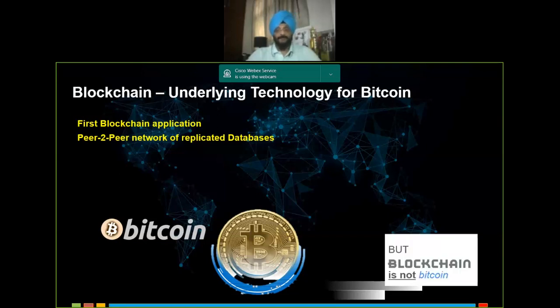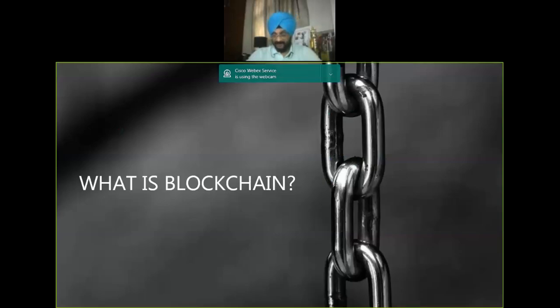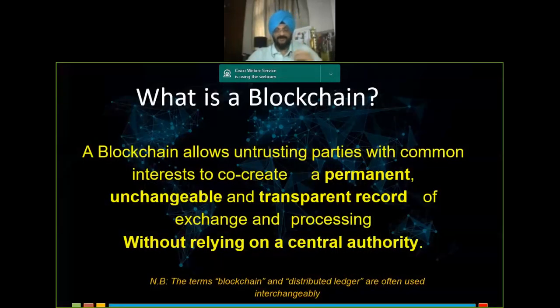You have to understand that Bitcoin is not a blockchain. What I told you about Bitcoin was how you mine it. And what is a blockchain all about? It allows untrusting parties with common interest to create a permanent, unchangeable, and transparent record of exchange and processing without relying on a central body.